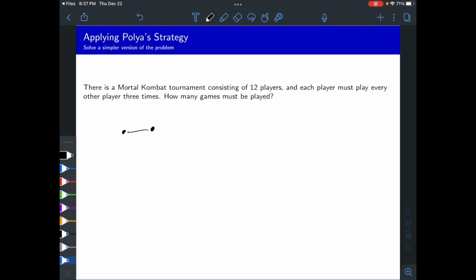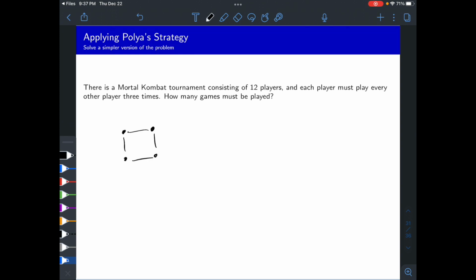We solved it, but that doesn't really help us very much. So we have to make it simpler, but not too much simpler, so that we can still get something from it and use some sort of reasoning to find a formula for extending it to 12 players. So let's do it for 4 and see what happens.